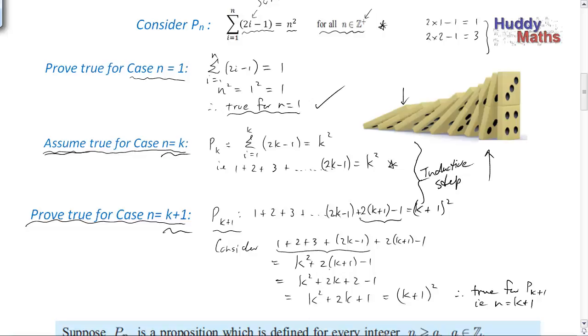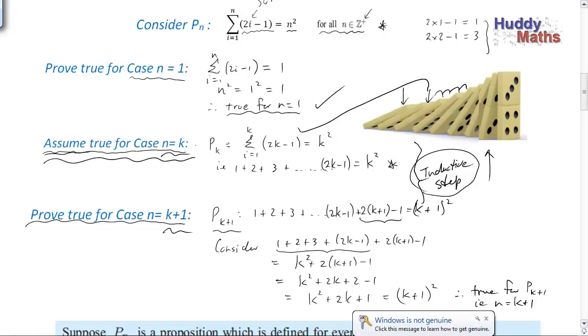That's like saying, hey, if you push that domino, we've just shown with this step that if one falls, the next one, the next one, the next one will fall. This inductive step is showing that, isn't it? It's showing that once one falls over, and we've said assuming one falls over, then the next one falls over.